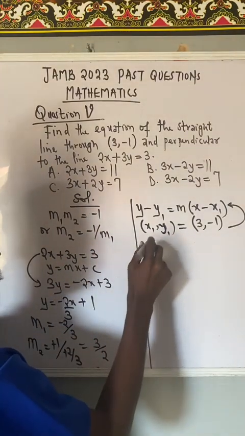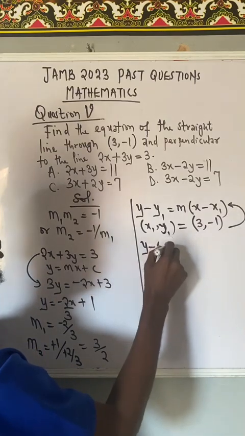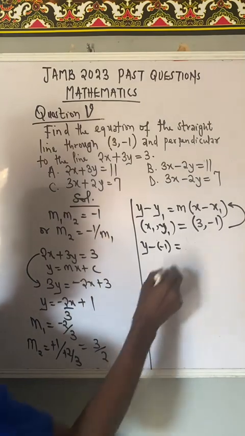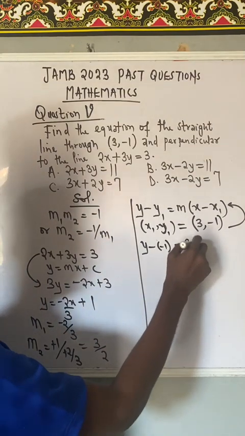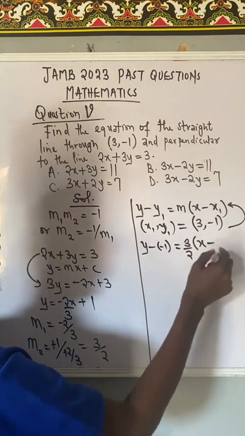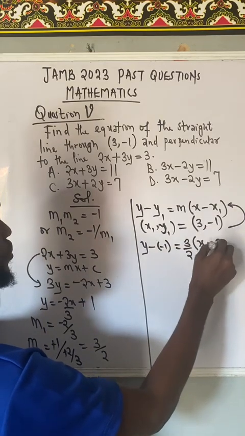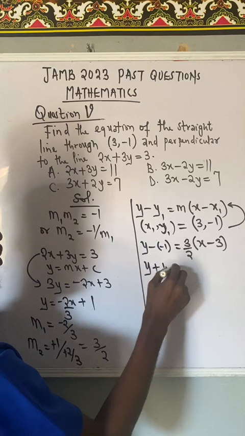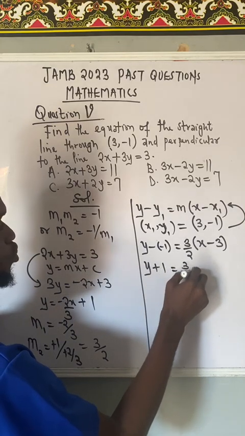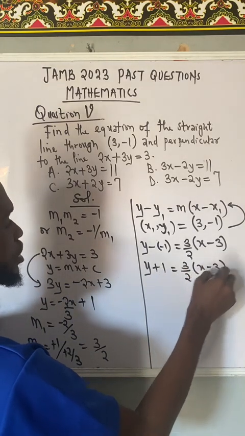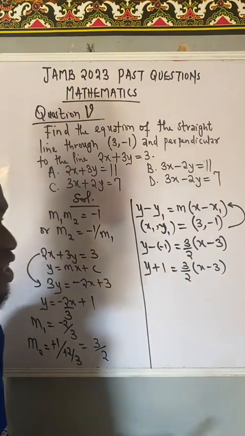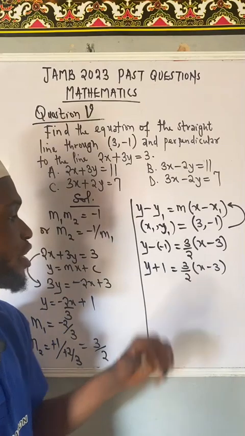Let's use this inside this equation together with the slope that we have here, which is 3 over 2. So y minus y1, my y1 is minus 1, equal to m, from here is 3 over 2, bracket x minus x1, which is 3. So we can open this bracket to have y plus 1 equal to 3 over 2 bracket x minus 3. Now, a simple way to do this is to clear fraction by multiplying through by 2.